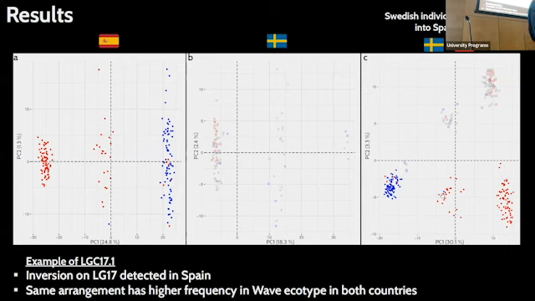What you can see here is the Spanish individuals, those are the Swedish individuals, those are the ones that are homozygote for one arrangement, those are the ones that are homozygote for the other arrangement, and this is all the heterokaryotypes here. If you look at the frequency of each arrangement in the different ecotypes, you can see that both in Spain and Sweden, the same arrangement is in higher frequency in the wave ecotype compared to the crab ecotype.